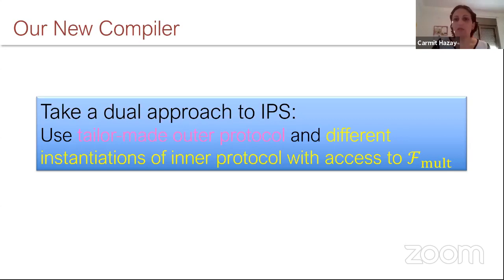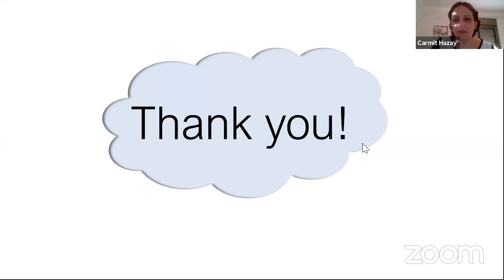In IPS, they use a specific inner protocol and different instantiations for an outer protocol. We do the opposite: we have a concrete instantiation of an outer protocol and different instantiations of the inner protocol using fmult. So that's it. Thank you very much.